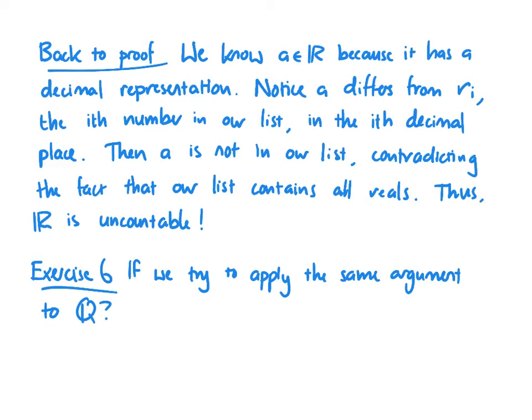It shouldn't work. So the question is, why does Cantor's diagonalization argument fail when applied to the rationals? It works on R, shows that R is uncountable. Why can't we use it to show that Q is also uncountable? I mean, we certainly shouldn't be able to do it because Q is a countable set.